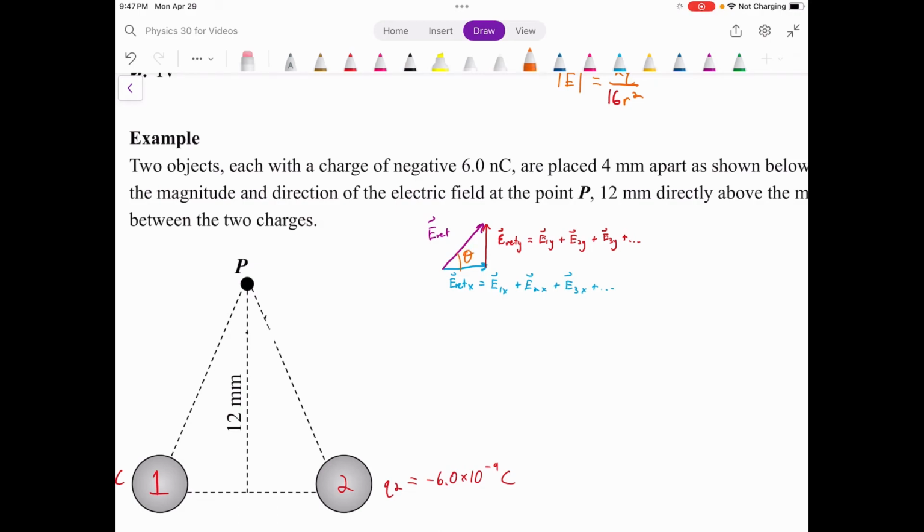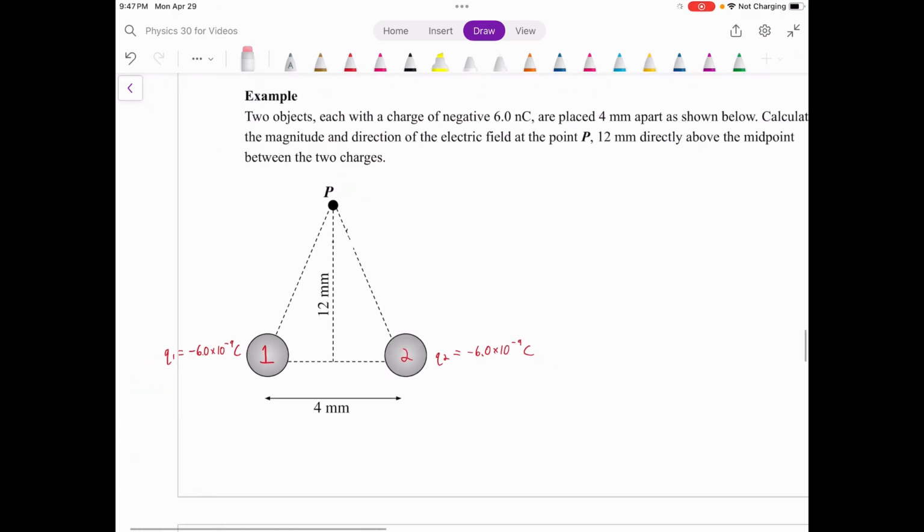Sound familiar? It should. It's the same thing over and over, isn't it? They're vectors. They all work the same. It's just different quantities. In this case, it's the electric field that we're adding in 2 dimensions. It's just a different thing, but it's still a vector. It has X and Y components, and we can add those X and Y components, okay? So let's apply that process here now.